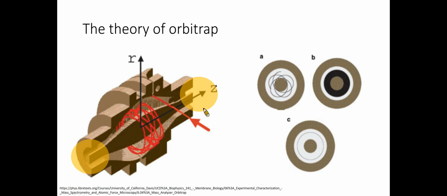One can control the frequency of oscillations by shaping the electrodes appropriately. In addition, a high charge capacity can be achieved due to the shielding effect of the central electrode, as ions cannot see the ions on the other side of the electrode, and thus the space charge effect is minimized.